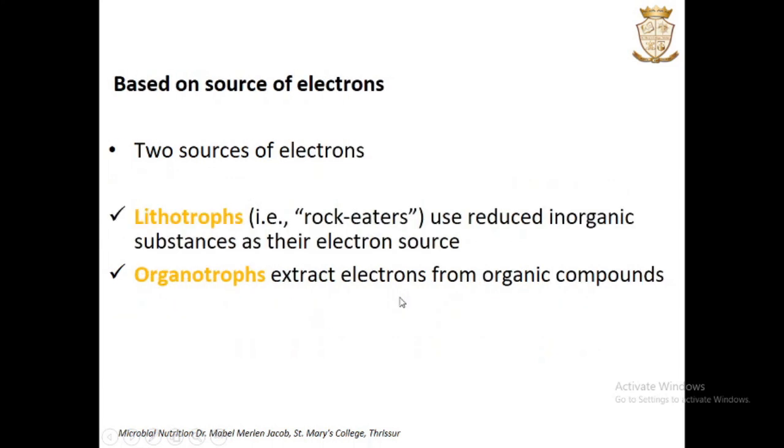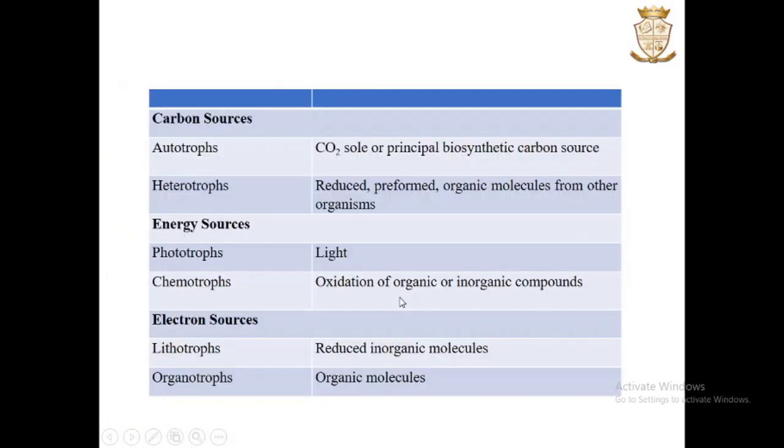Now, based on the source of electrons, they are classified as lithotrophs, or rock eaters as they are called. They use reduced inorganic substances as their electron source. And organotrophs extract electrons from organic compounds. So, if it is inorganic substances, lithotroph; organic substances, organotroph, whichever serves as the source of electrons.